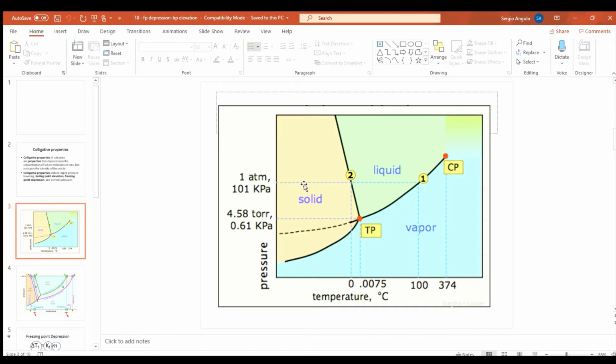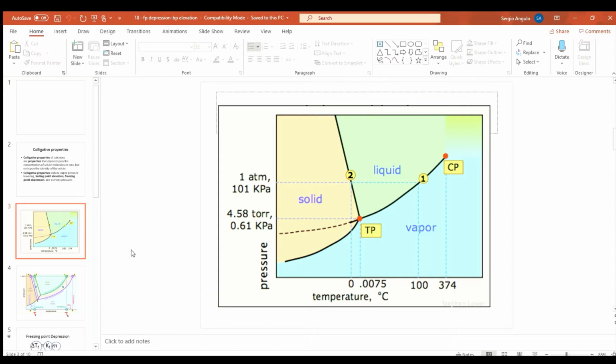If you continue across this line until you get to the other line between the liquid and the vapor, that is how you find your boiling point, right? Because once again, boiling is a liquid going into vapor. So if you hit that line and you read down, you get your boiling point. Okay, and we learned that back a few chapters ago in chapter 13.